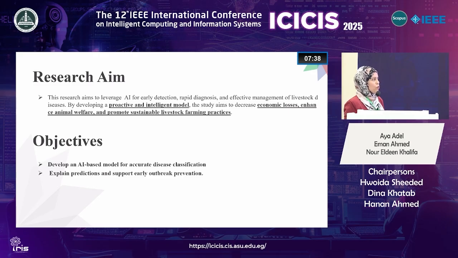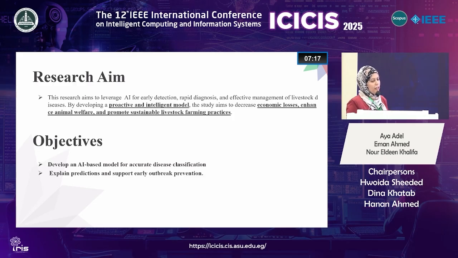Research aims: we aim to use AI techniques to detect diseases at an early stage and make rapid diagnosis to enhance animal welfare and decrease economic loss. What is our objective?